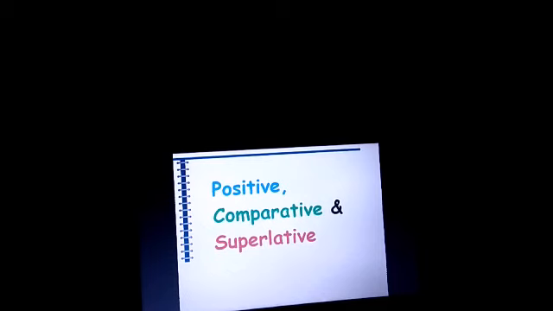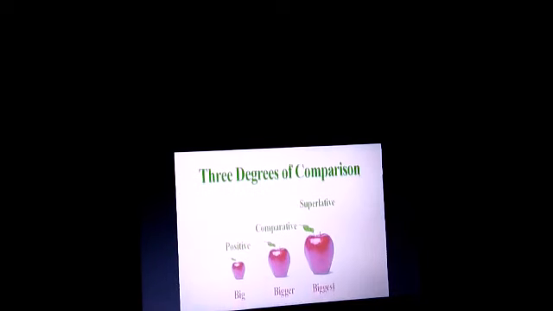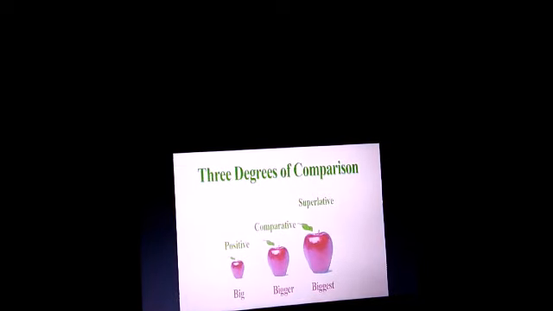Now students, there are three types of degree: positive, comparative and superlative. See students, there are three images.